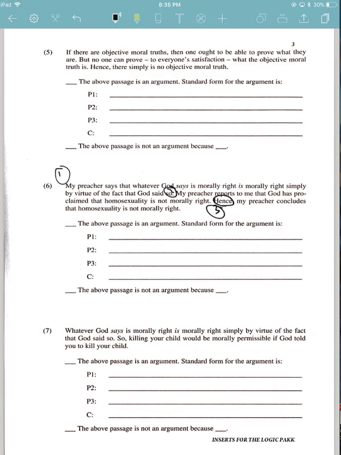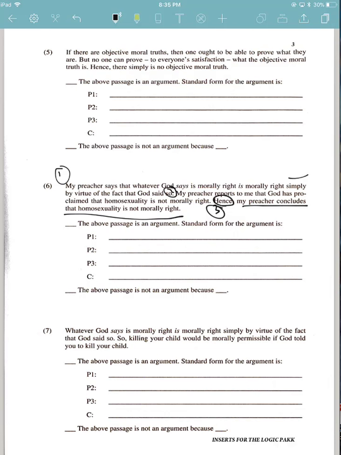Number 3. Here my guess is this is going to be a conclusion because of "hence," and it turns out that's the case. My preacher says that whatever God says is morally right. My preacher reports to me that God has proclaimed that homosexuality is not morally right. Hence, my preacher concludes that homosexuality is not morally right.